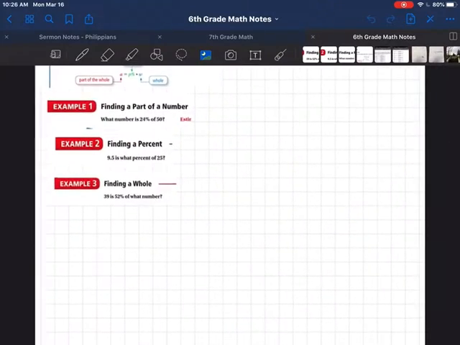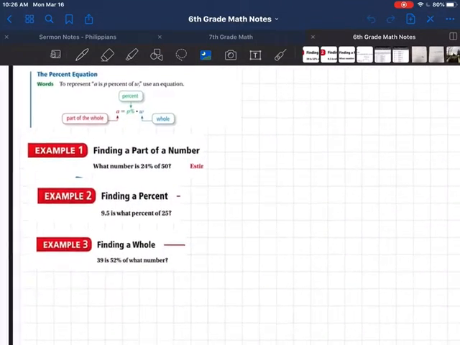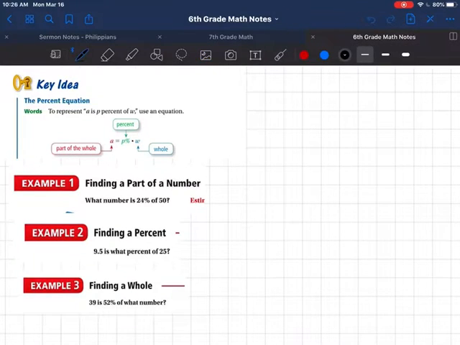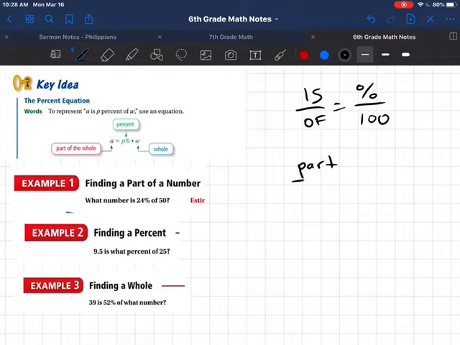Okay, so basically, this is just a different way of doing what we've been doing. In the last two sections, we talked about is over of equals percent over 100, or this was part over whole is equal to the number percent, so 20% for instance would be 20 over 100, right?